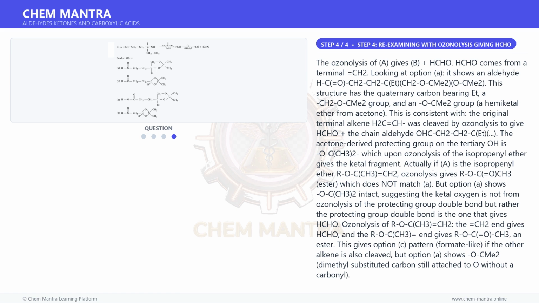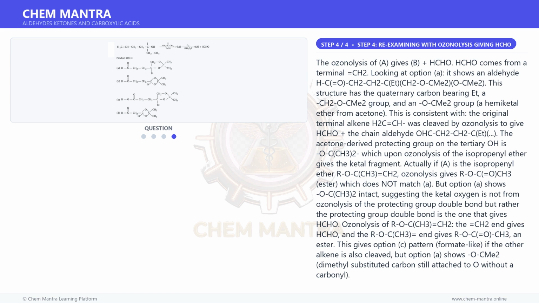This gives option C, if the other alkene is also cleaved, but option A shows O, CMe2, the dimethyl substituted carbon still attached to O without a carbonyl. Alternatively, if A is the Prins product, a cyclic 1,3-dioxane with no remaining double bond, then there is no double bond to cleave.